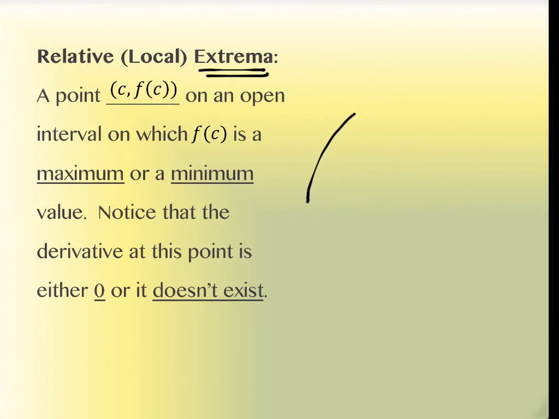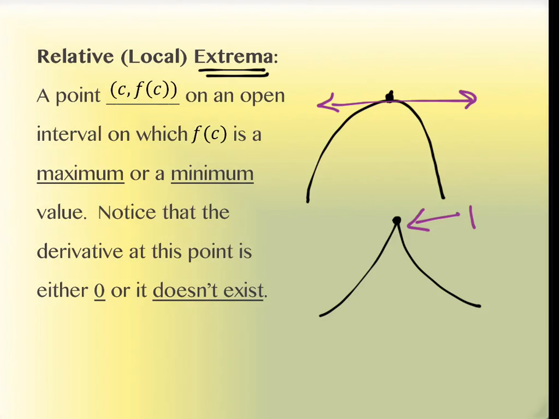So if we have a place where we do in fact have a maximum, it would look something like this, or it could look something like this. It either has a smooth, curved place where it changes, in which case I get a derivative that's 0, a tangent line that's flat, or I get a place like this where the tangent line won't work, and I have a slope that doesn't exist.